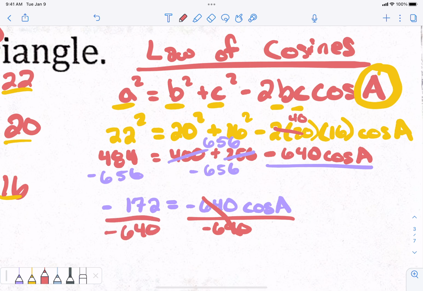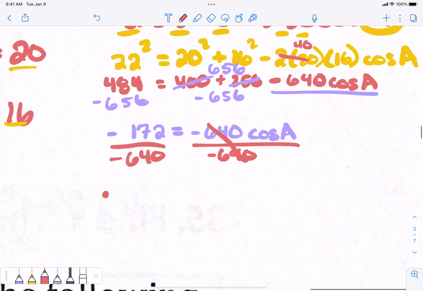Negative 640. And I get something really gross, like 0.26875. I'm going to write that better because you can't see it. 0.26875. But that is cosine of A.